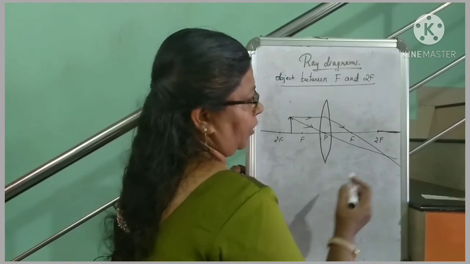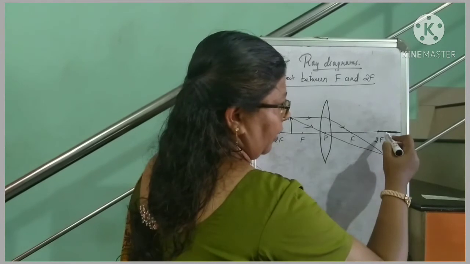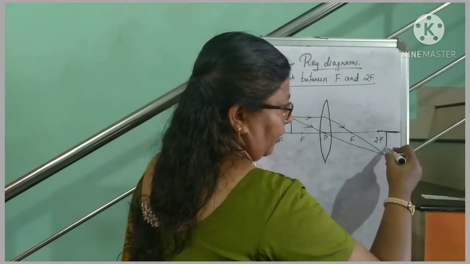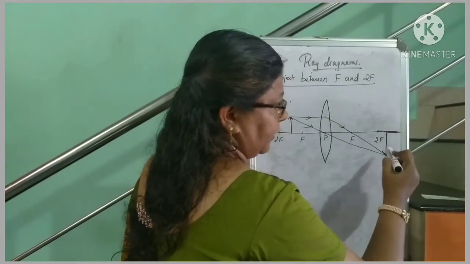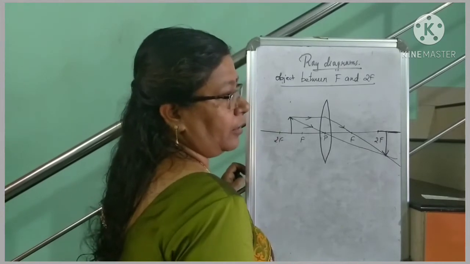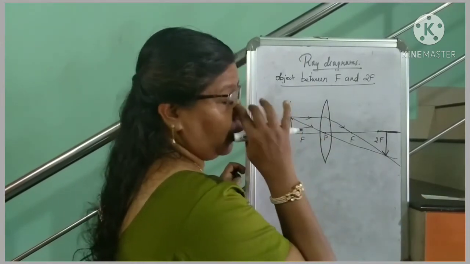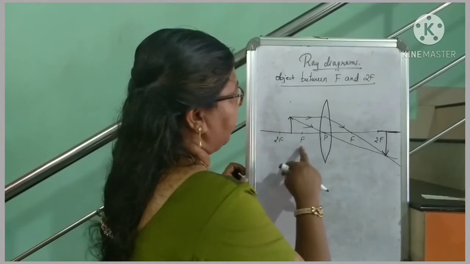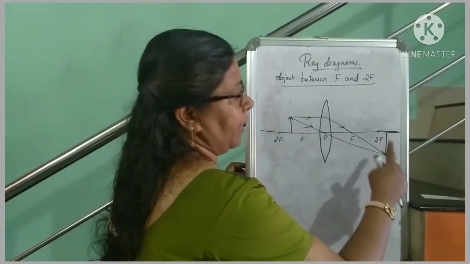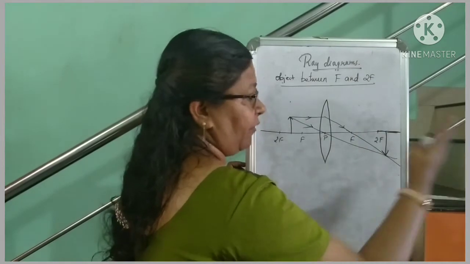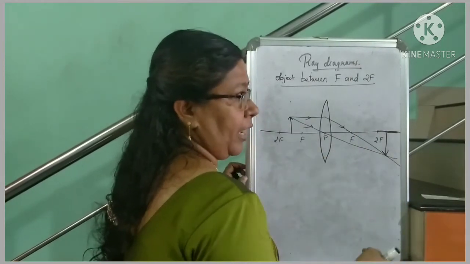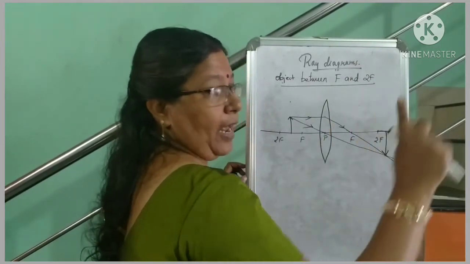Then, the two rays of light meet here, where the two rays of light are meeting beyond 2F. So when an object is kept between F and 2F, the image is formed beyond 2F. How is the image? It is real, inverted and enlarged.